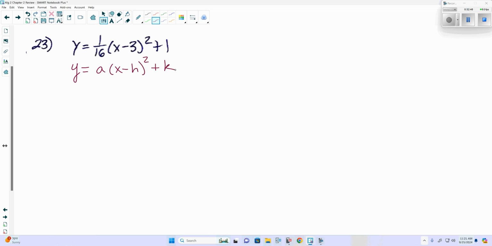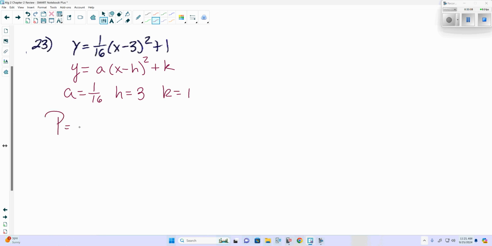This one here is y equals, not x equals. So we have y equals a times x minus h squared plus k. Our a is 1/16. H, since it's -3, comes out as +3 out of the parentheses, and our k value is 1.